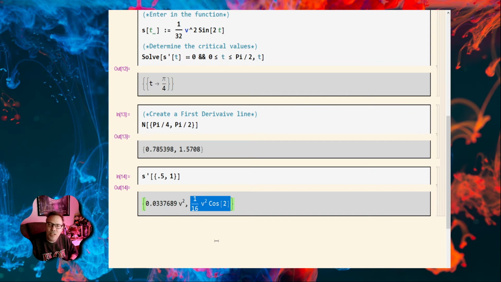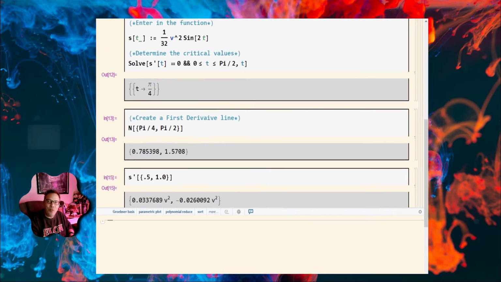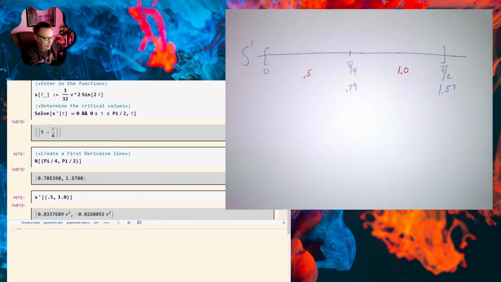I don't know my cosine values that well. But here's the thing. If I put a 1.0 in here, and then I evaluate it, it changes into a decimal for me. Now I see my first output is positive, and my second output, well, that's negative.